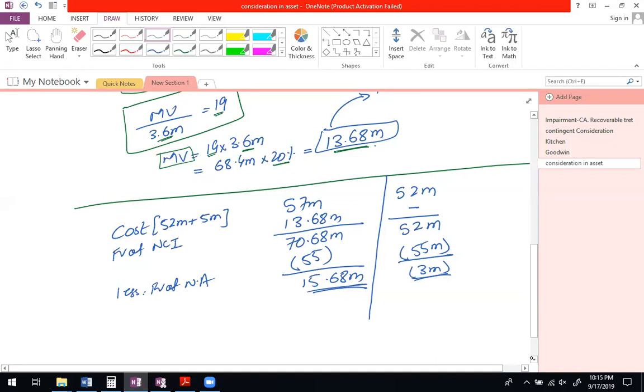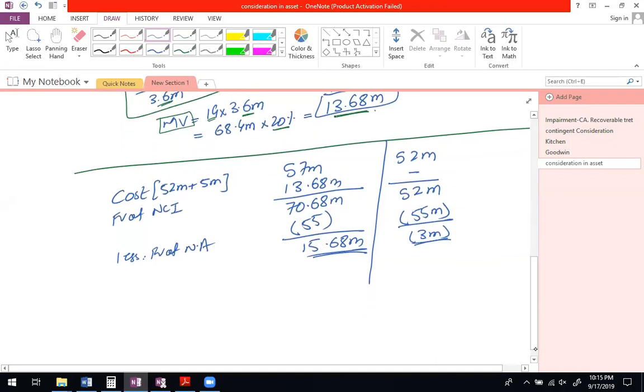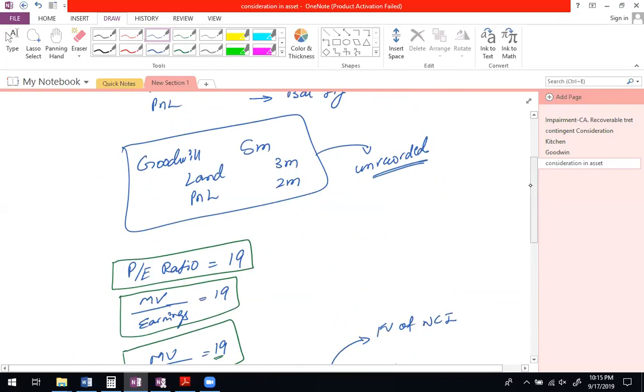So now we need to make the accounting entry, for which we are going to say, first we are going to debit the negative goodwill of 3. Then we are going to debit our correct goodwill of 15.68 million. Now they forgot to credit the land in the P&L.